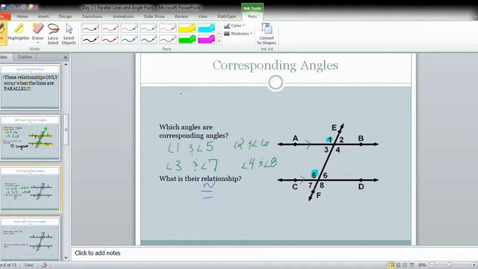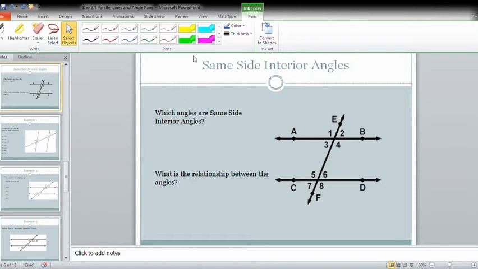All right, let's take a look at the same side interior. So same side interior, again, we're looking on the inside of our lines. So 3, 4, 5, and 6 are all of our interior angles. And if I'm looking for a pair that's on the same side of my transversal, angle 3 and angle 5 are going to be same side interior angles. And same with angle 4 and angle 6.